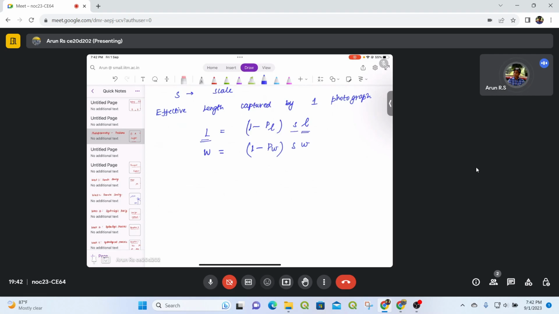For that we are multiplying it with the scale, and since there is a longitudinal lap, it covers only effectively a reduced length, that is PL. If it is 70% overlap, then the effective length that is covered will be 0.3 only.